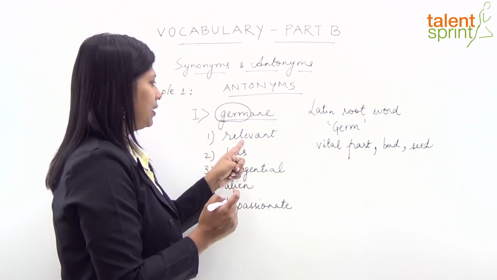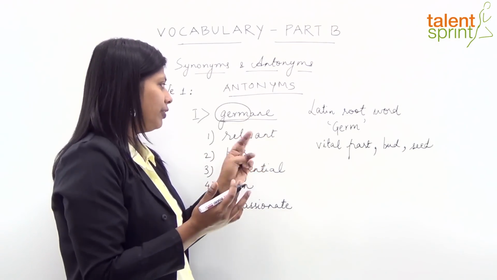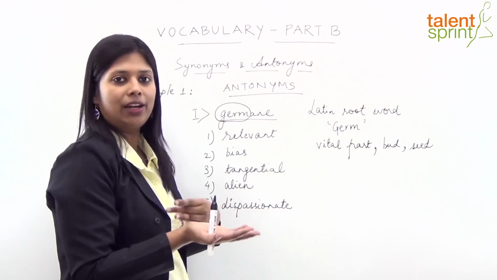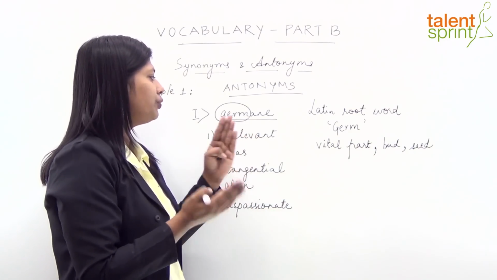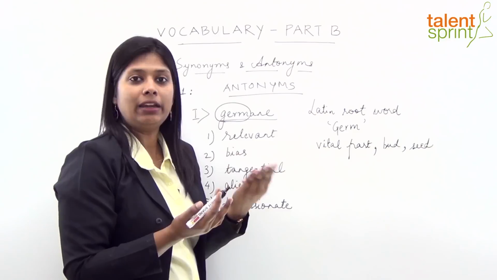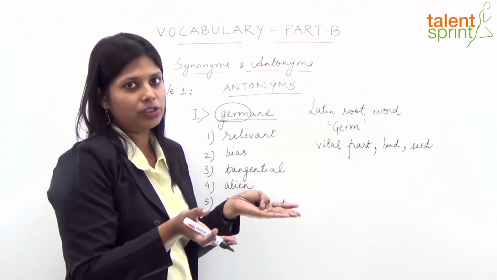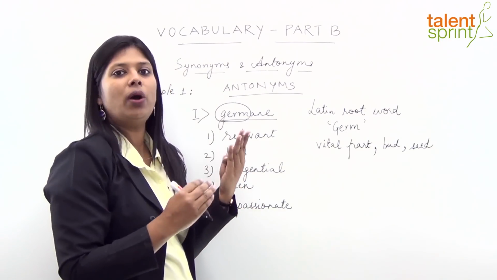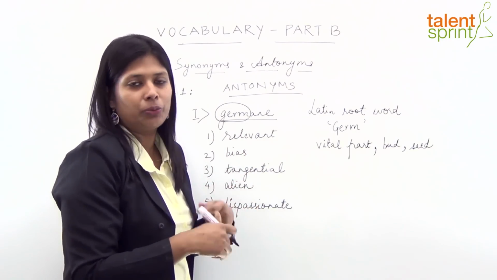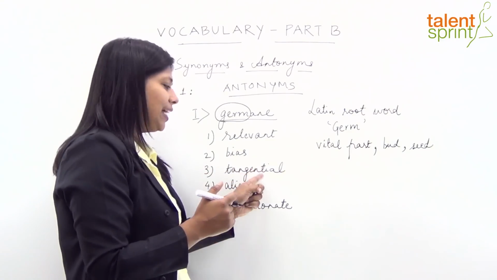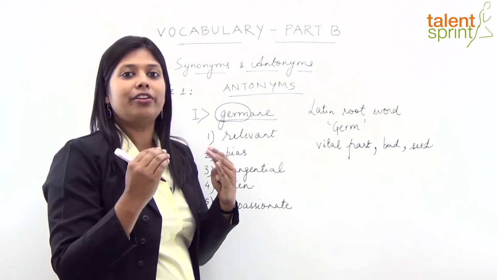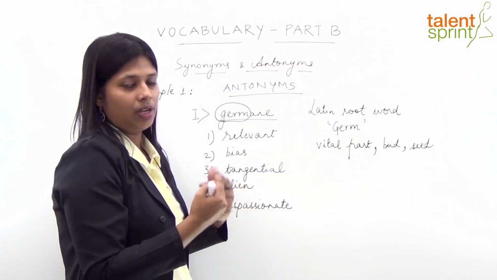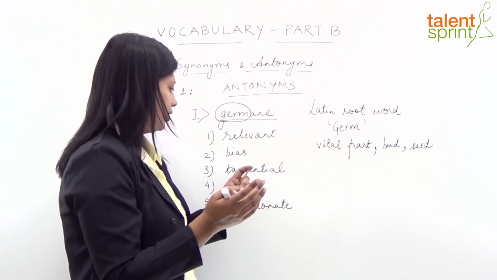So if you look at it, essential, relevant, if you look at the first option, relevant more or less looks like the meaning and not the antonym. So we have to find something which is closer in meaning to being irrelevant or something that is superficial and not so important. Bias is when you are inclined towards something typically. Tangential here, if you see, it actually refers to a superficial relevance, which means nearly irrelevant.